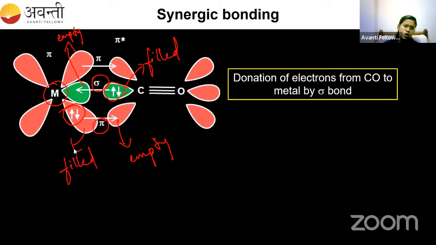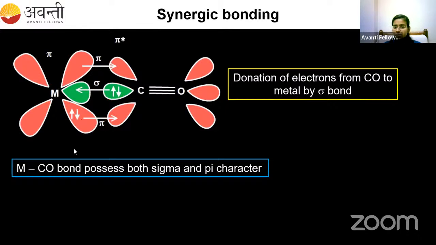So what do we understand from this? The metal carbonyl bond possesses both sigma and pi character. Because of this character, the bond is getting strengthened.